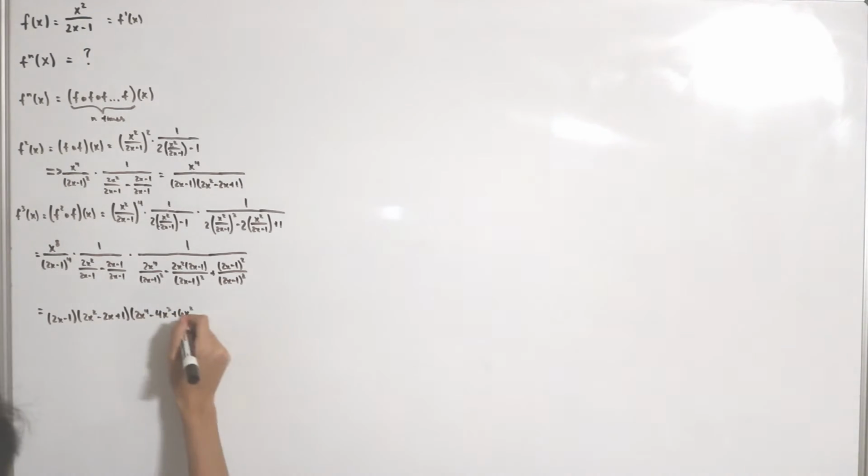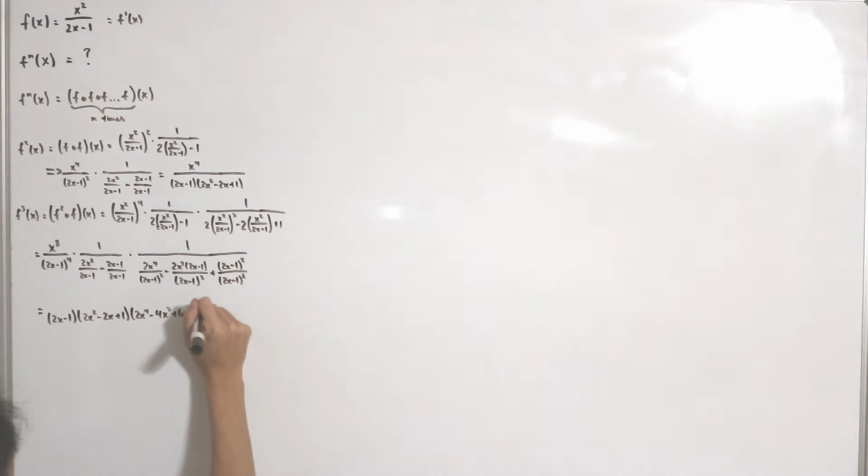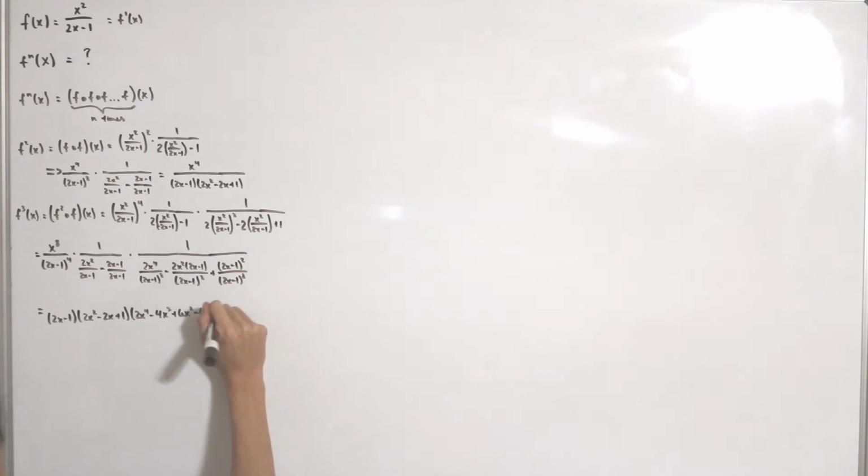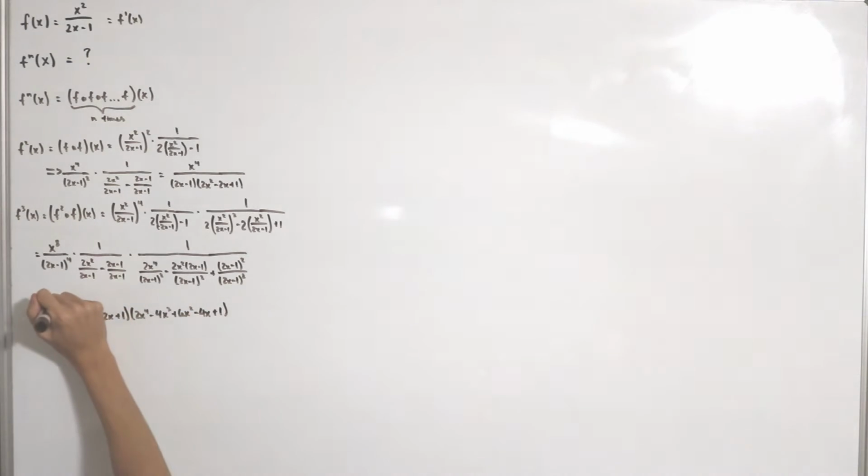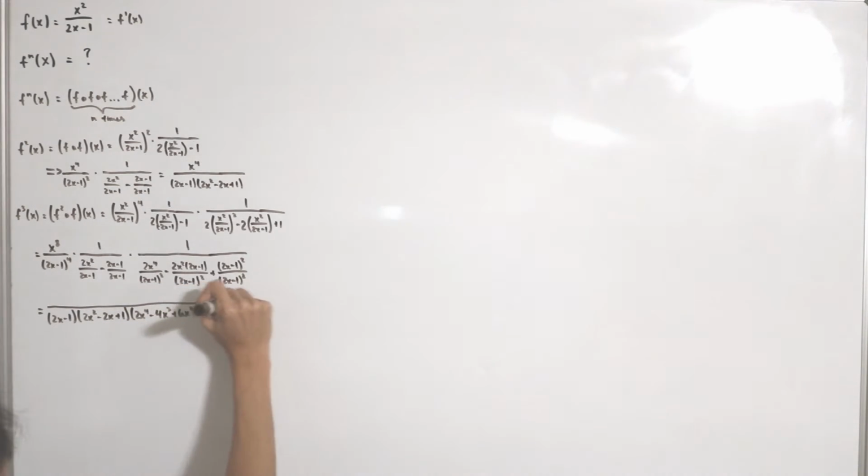Notice that the numbers here are kind of like forming from Pascal's triangle, and then plus 1, specifically looking at the constants. So all this is 1.